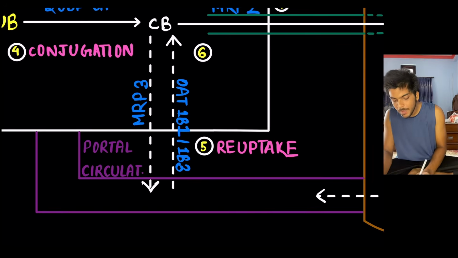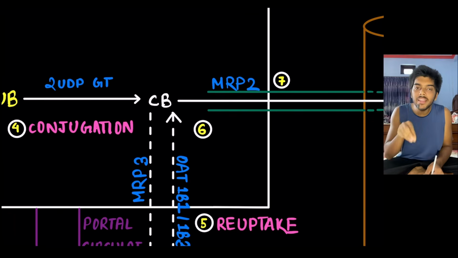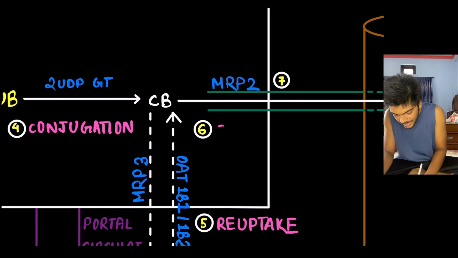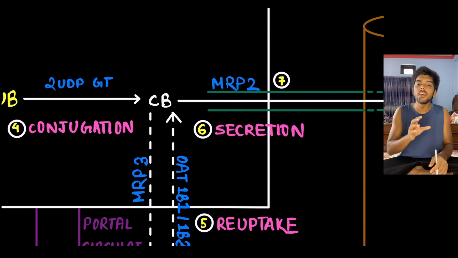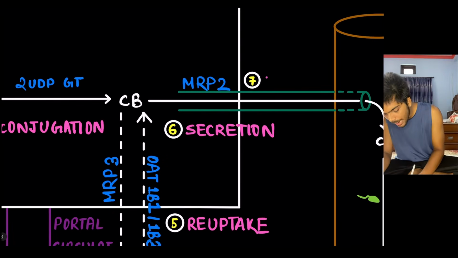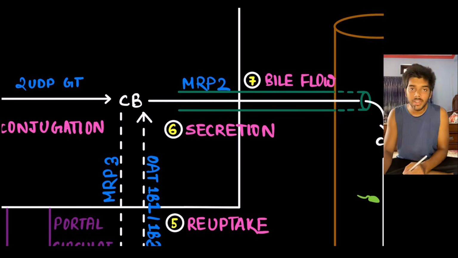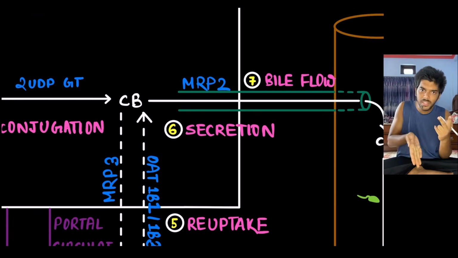Now, the conjugated bilirubin present within the liver is secreted into the biliary canaliculi. This is secretion. The secretion takes place with the help of multi-drug resistant protein 2. After secretion, it flows through the biliary system along with the bile to enter the second part of the duodenum. This is bile flow. What is present in bile? You have the bile salt and acid, cholesterol that makes bile salt and acid, and this conjugated bilirubin.